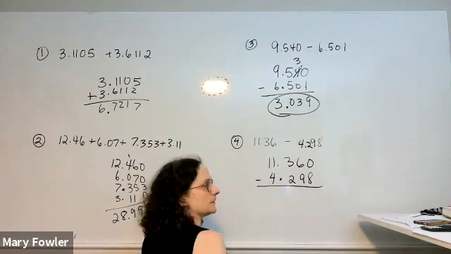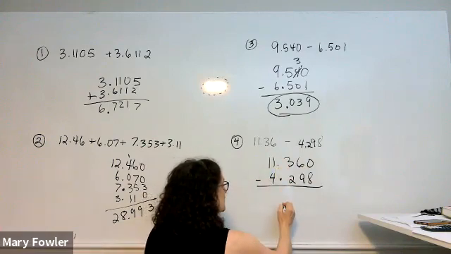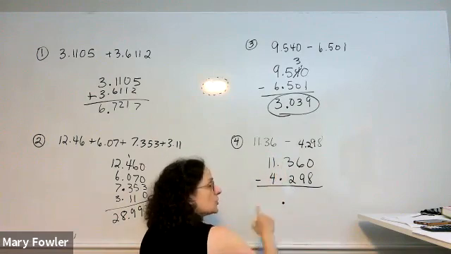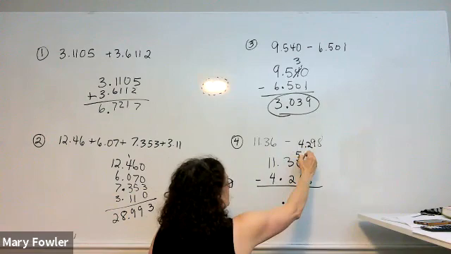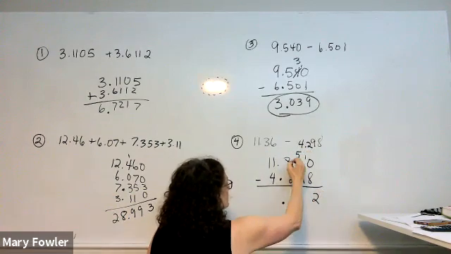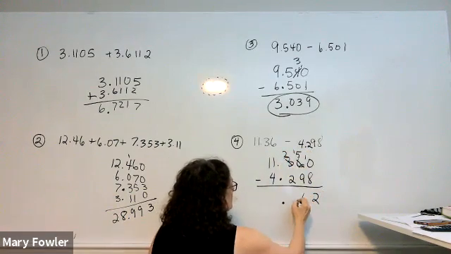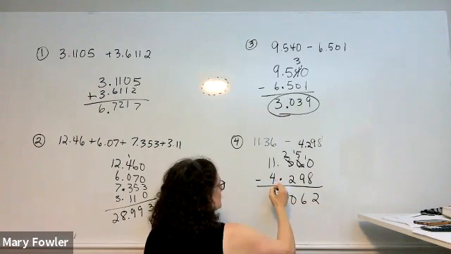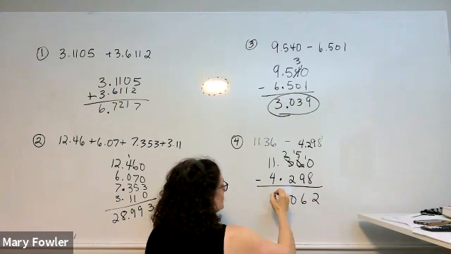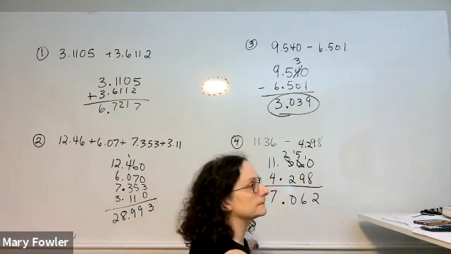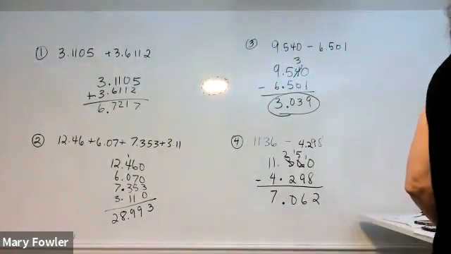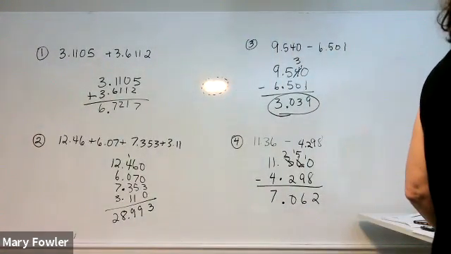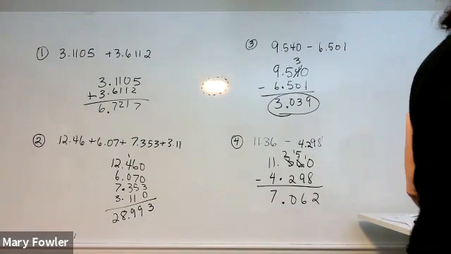And we're subtracting. So the subtracting is the same as the whole numbers. We just want to make sure we bring down that decimal point. Just check my answer before I circle it. Okay.